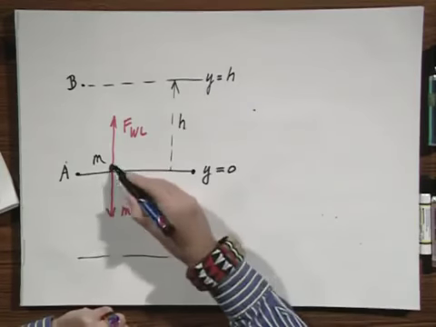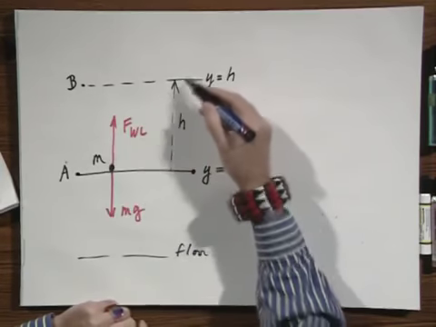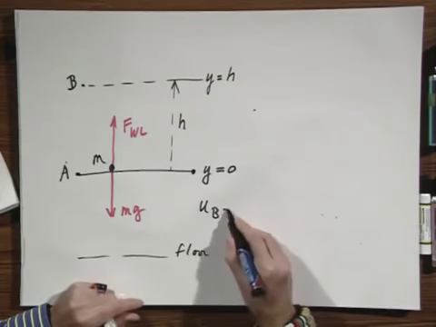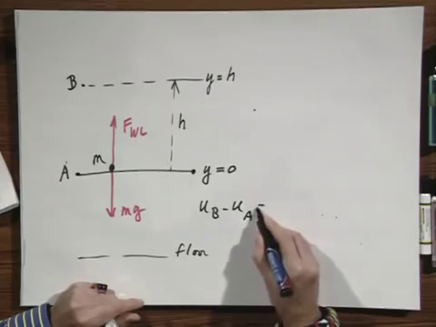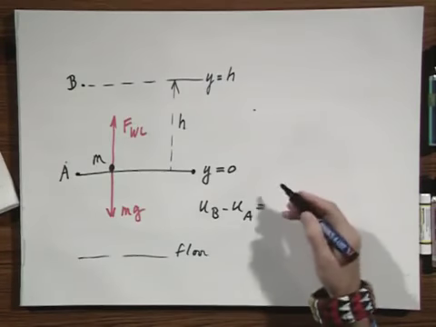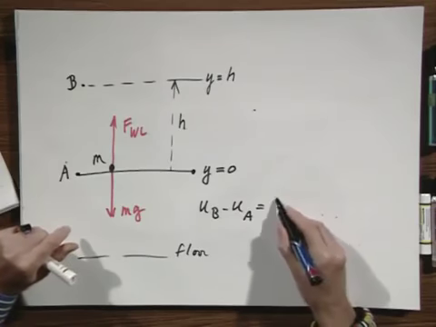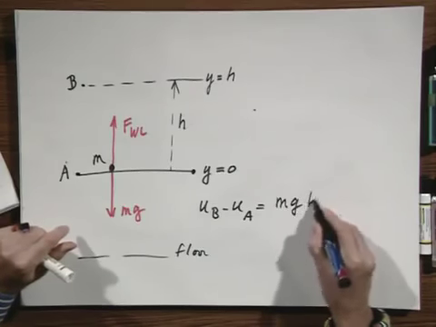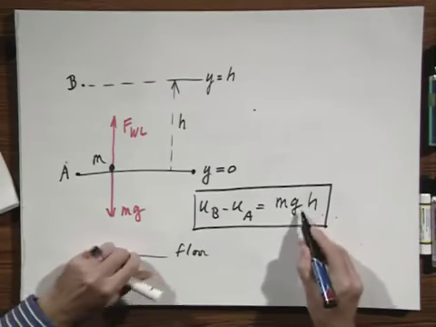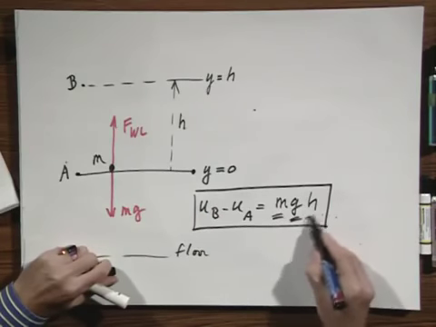Now to bring this mass from A to B, I have to do positive work. And per definition, UB minus UA is the work that I have to do to bring it from A to B. And it's immediately obvious that that is mgh. This is easy to remember. mgh stands for Massachusetts General Hospital.